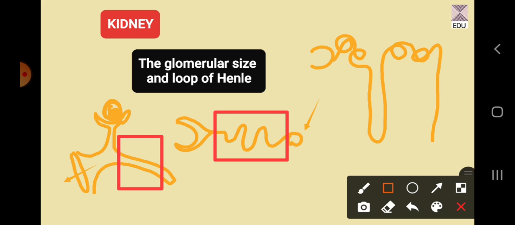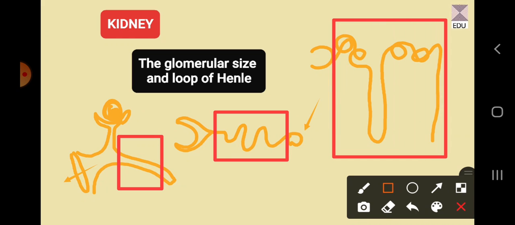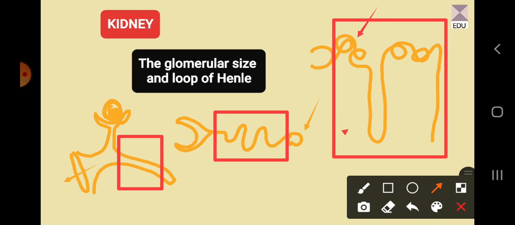It has developed so much that it has been extended to, I should say, this part. So it has been attributed to the formation of the proximal convoluted tubule, then we have the loop of Henle, then we have the distal convoluted tubule, and we have the collecting tubules at the very end.